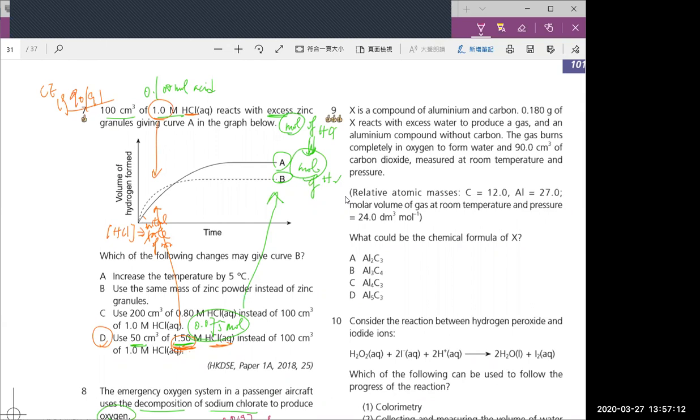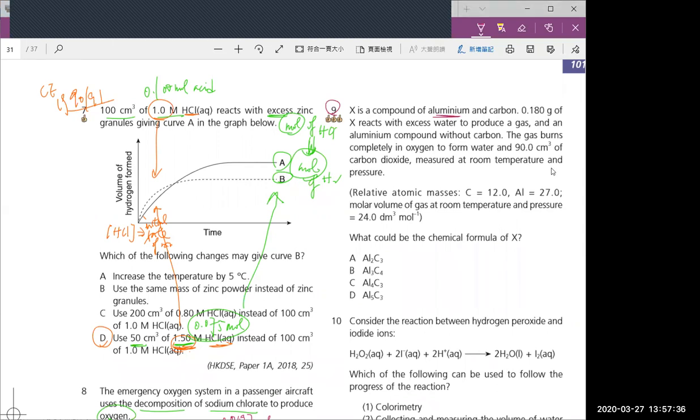Now question 9. Something about molecule. Aluminium.